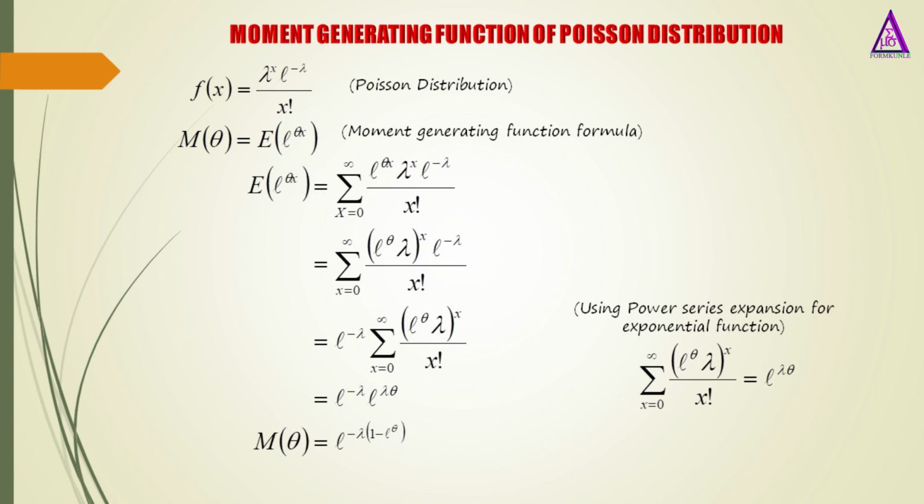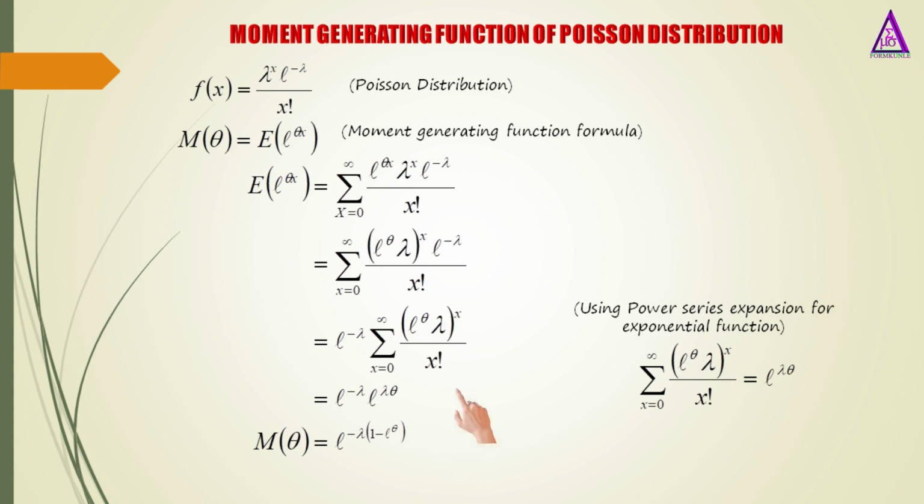So by putting our PMF of Poisson into the equation, we have the summation of x ranging from 0 to infinity of e^(θx) λ^x e^(−λ) divided by x factorial. When we combine e^(θx) and λ^x, we have (e^θ λ)^x e^(−λ), everything divided by x factorial.